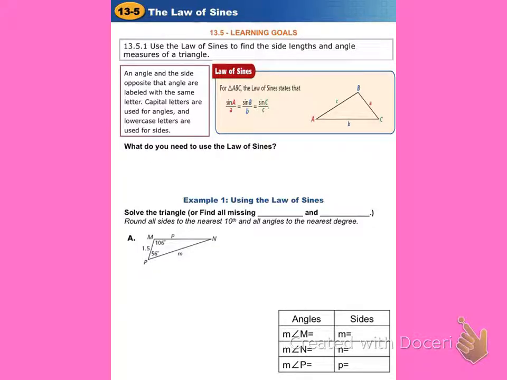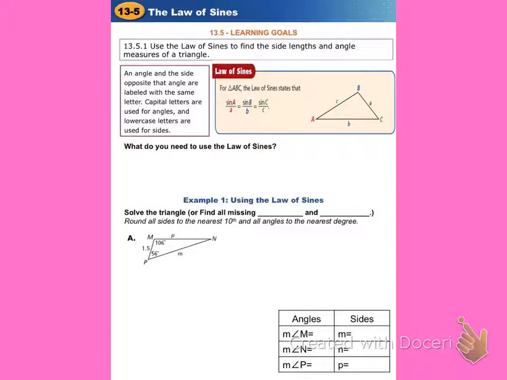Well, you may remember hearing about and using the law of sines back in Geometry B, but I'm just going to do a little review as if you didn't really know the law of sines. It turns out that no matter what kind of triangle you have, it could be an acute triangle, a right triangle as well, or an obtuse triangle, the ratio of the sine of an angle to the side across from it is always equal in that triangle.